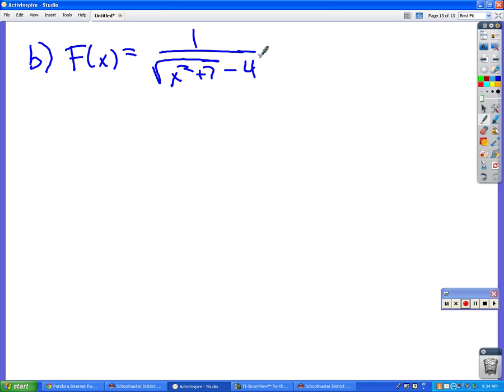You have this piece right here, which is a polynomial. You've got this piece right here, which is a root. And then we can combine those to make another polynomial, and then the whole thing is a rational function. So there's quite a few different things going on here.